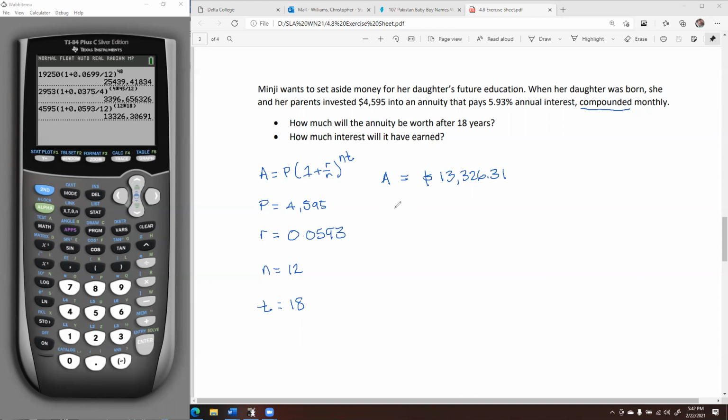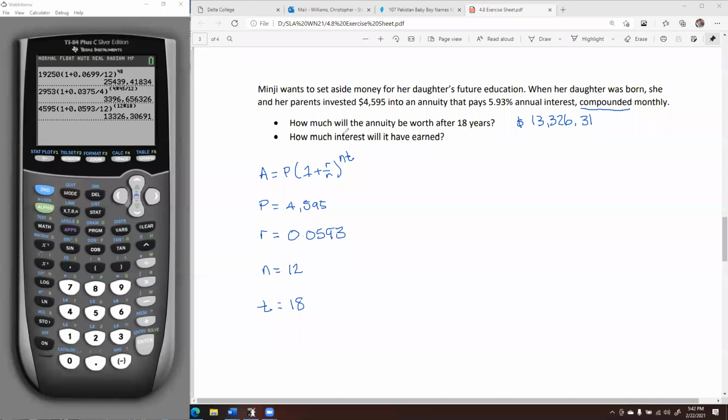But in both cases, it's the total. So the answer to part one of the question is $13,326.31.